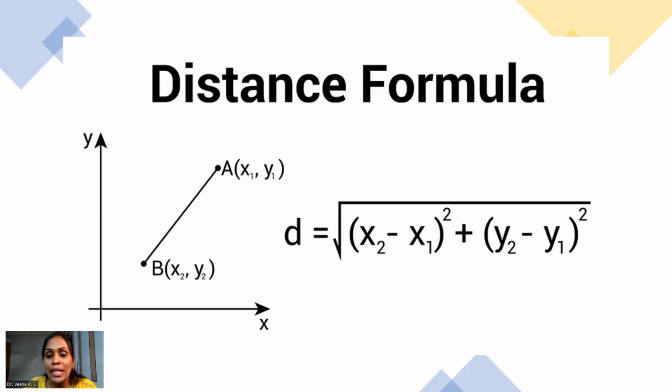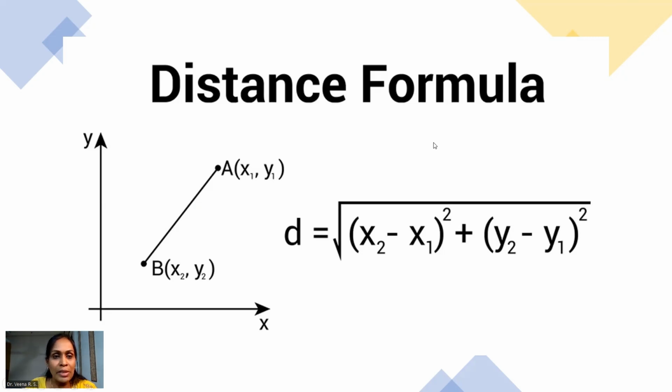The formula is: D equals square root of (x2 minus x1) whole square plus (y2 minus y1) whole square. We have to keep this distance formula in mind, as we find the distance between 2 points using this program.